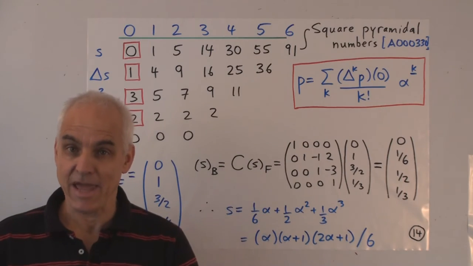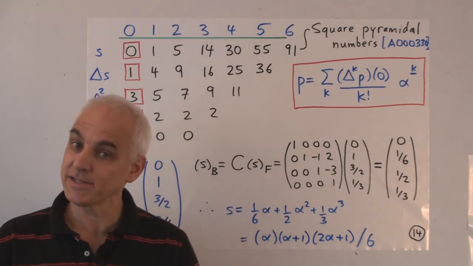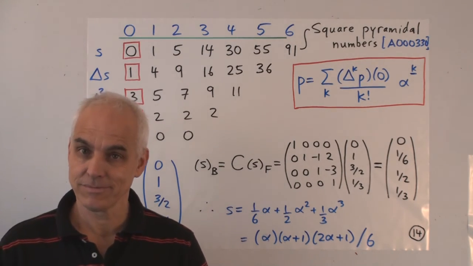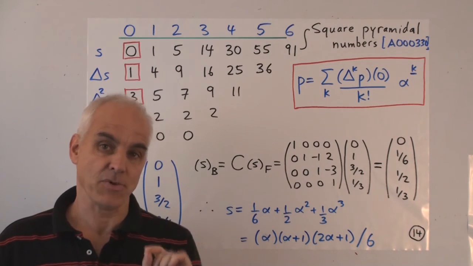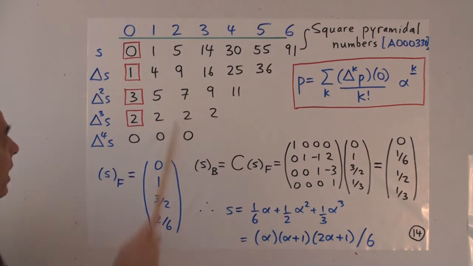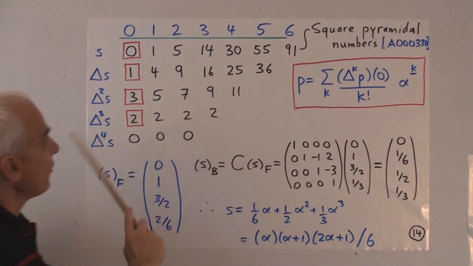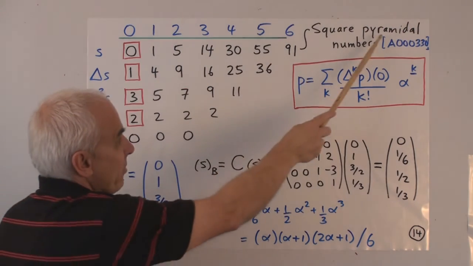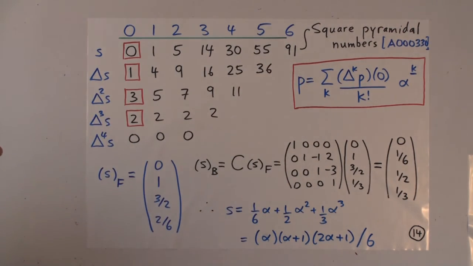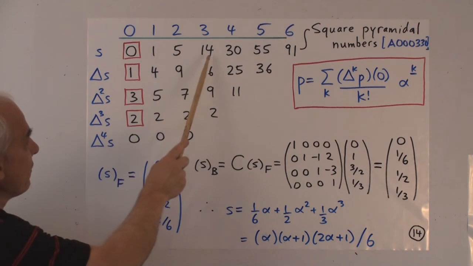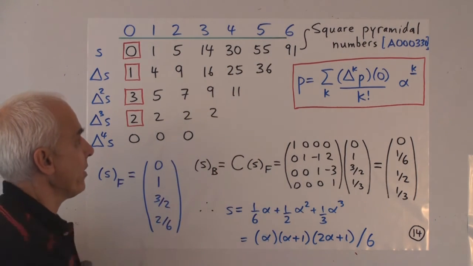So let's look at an application of this. Very interesting and important application. We're going to analyze a polynomial sequence, and this is the one we're going to analyze: the sequence of square pyramidal numbers 0, 1, 5, 14, 30, 55, 91.